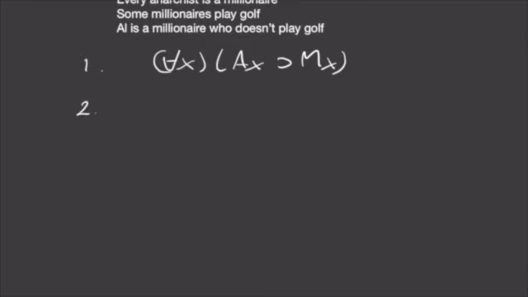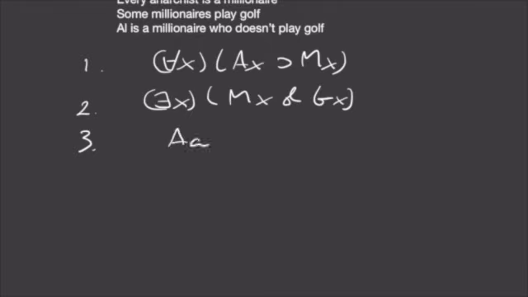Now we have some millionaires play golf. Let's use G as play golf. And then we have a non-quantified sentence. Al is a millionaire who doesn't play golf, which, if you remember, can simply be translated as Al is a millionaire and Al doesn't play golf. So we can give it the name A.